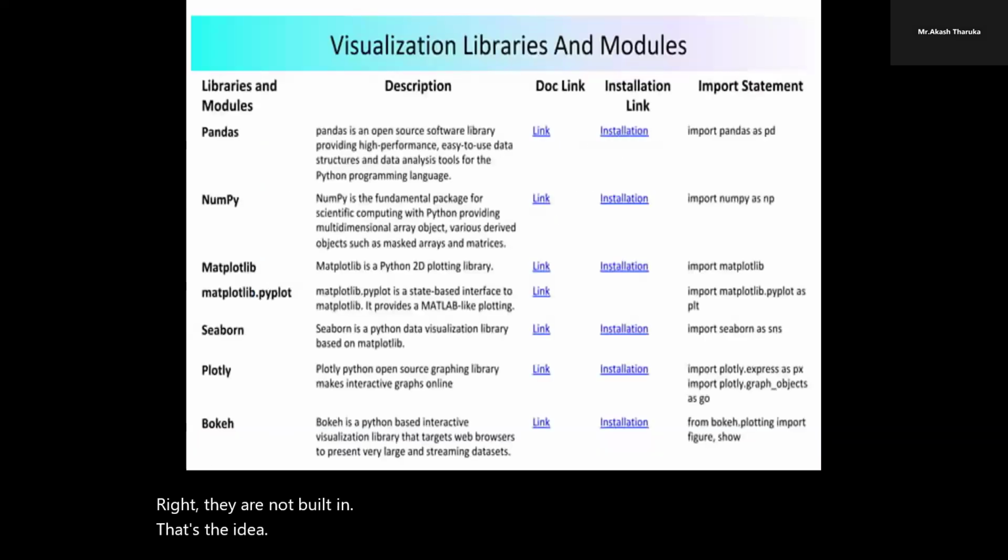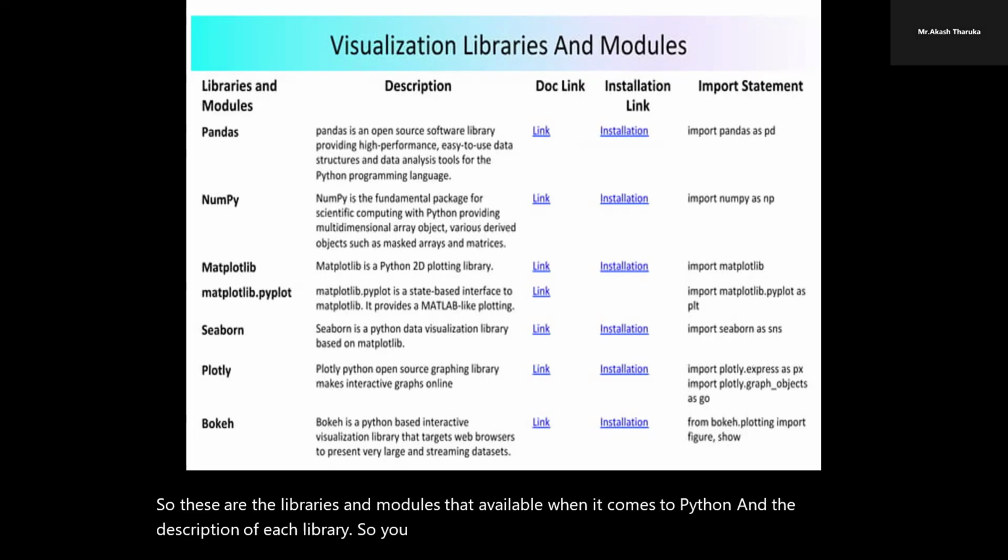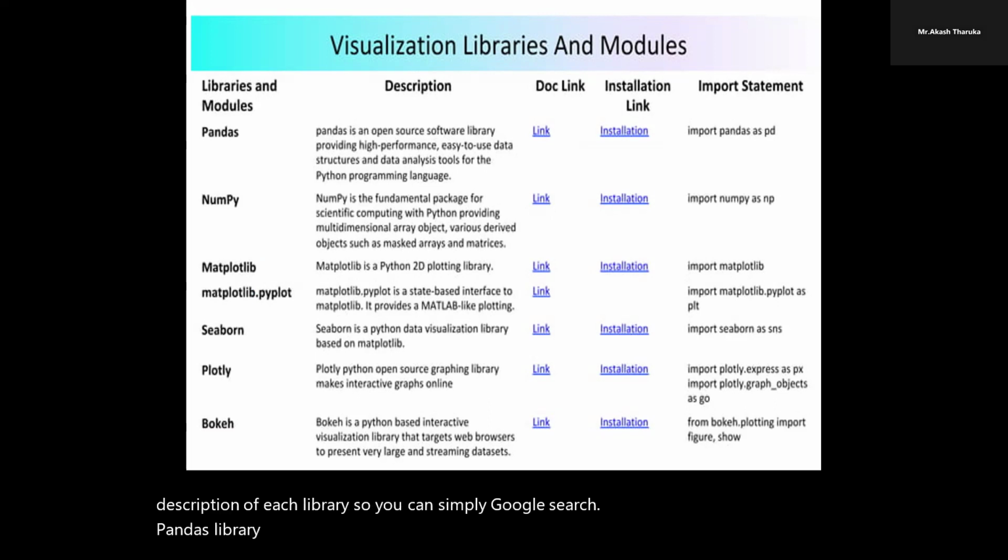These are the libraries and modules available in Python, and the description of each. You can simply Google search the Pandas library or NumPy library, and you can see how to import these libraries to Python. These are very popular libraries.